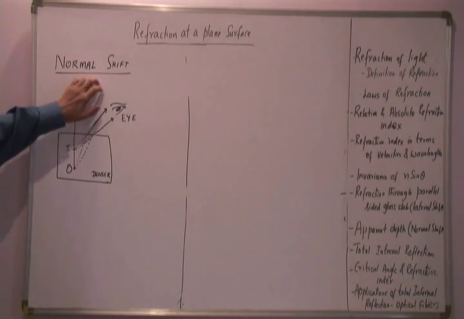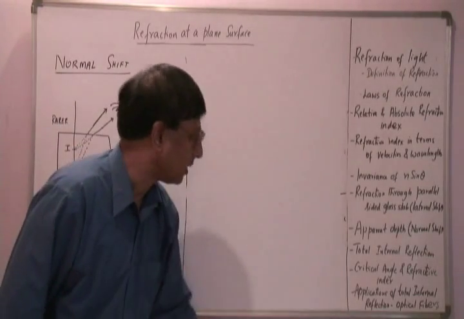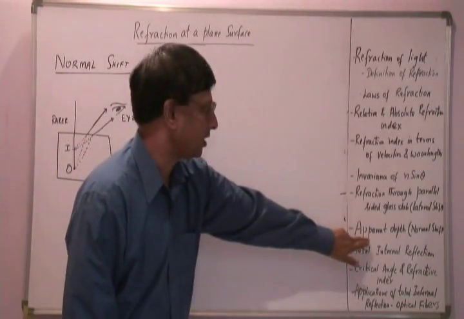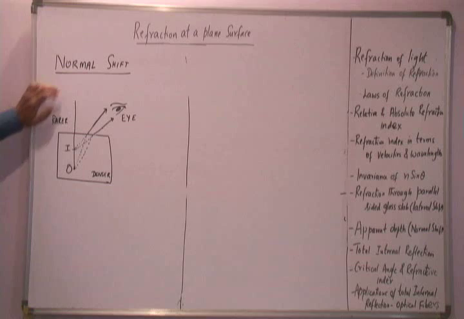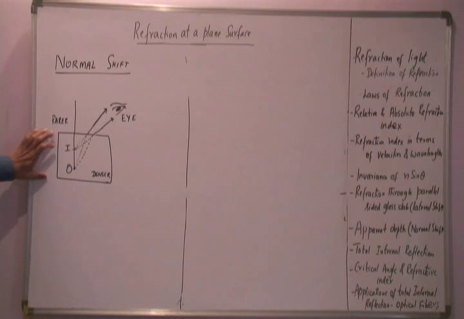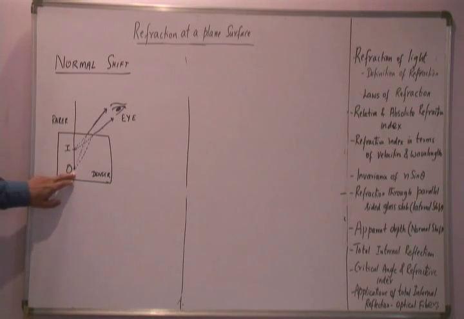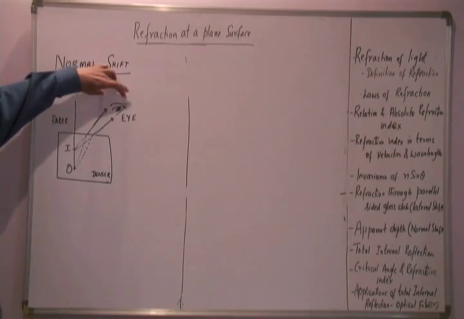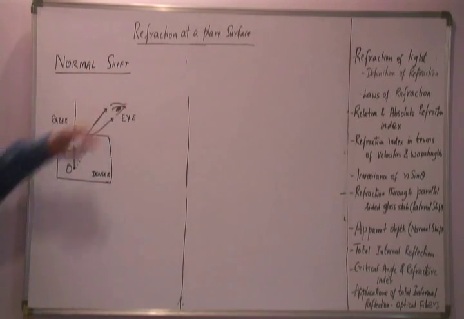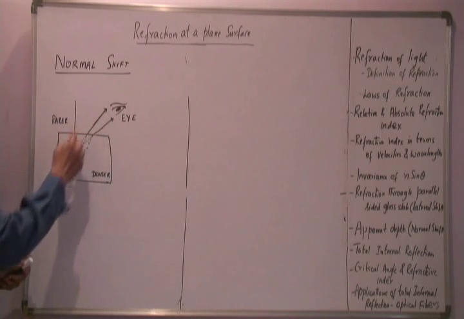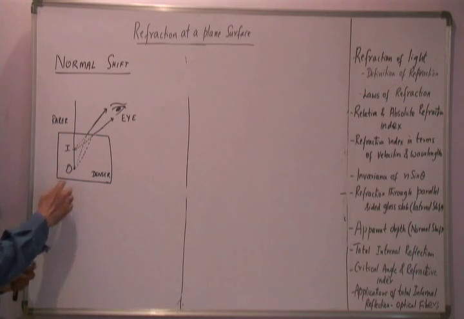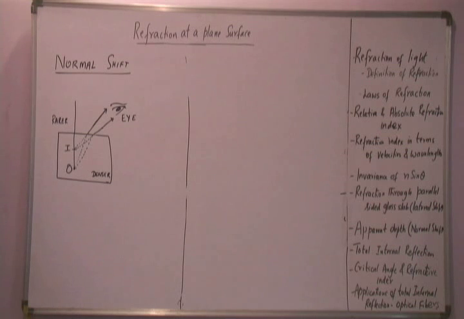So let us look at the aspect of normal shift. We are here for apparent depth. Now consider a case where we have a denser medium here and we are observing an object O which is in the denser medium from the rarer medium. That means we are in the rarer medium, observing an object kept in the denser medium.